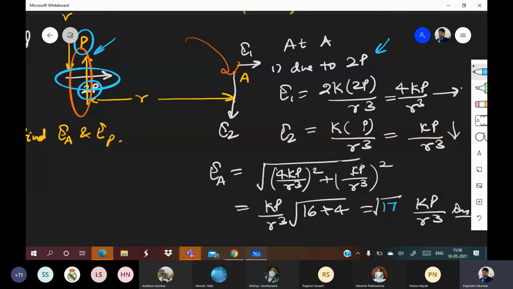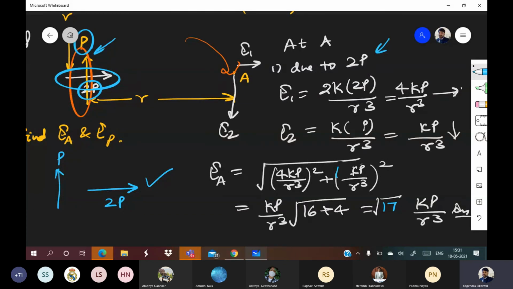So Sakshi, what you said is correct. For the second one, the equatorial one, the value is p. Try to understand. We have one dipole which is 2p and another dipole which is p.